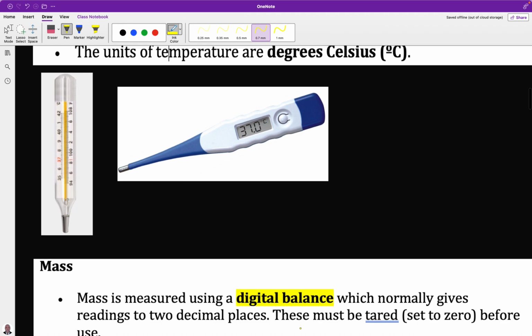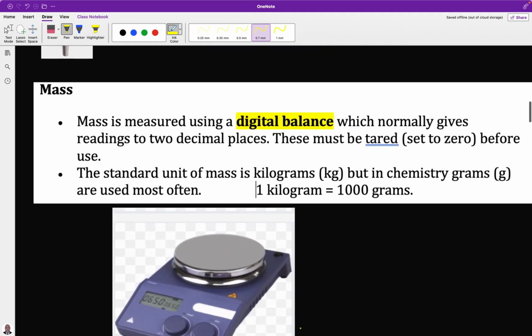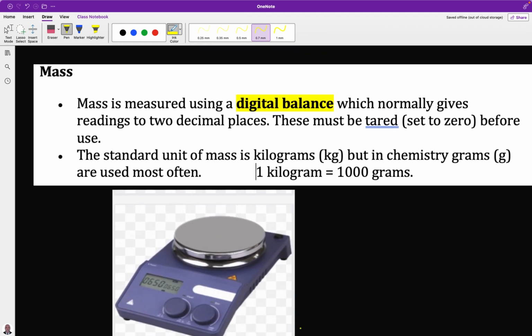It takes us to the next factor, which is mass. Mass is a measurement of weight. Especially in the laboratory, you can measure the mass of a particular substance that you want to use for a reaction.